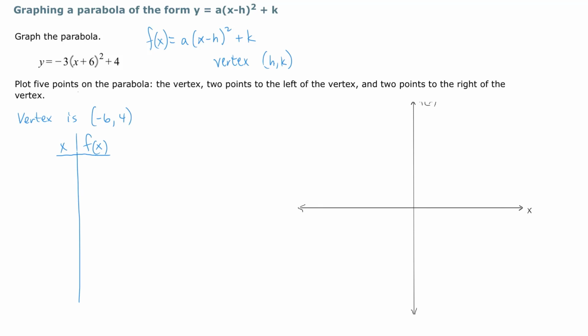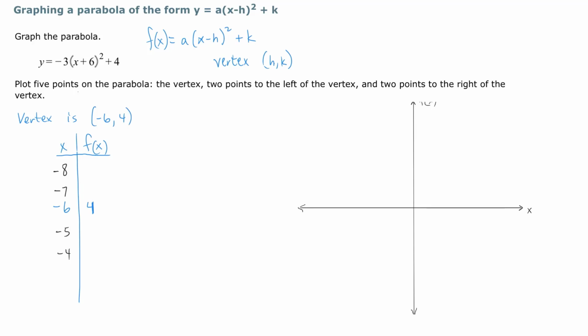I'm going to make a 2-column t-chart with -6, 4 being the vertex. I need 2 ordered pairs left of the vertex. So why don't we try -8 for x and then -7 as well. And we could try -5 and -4.